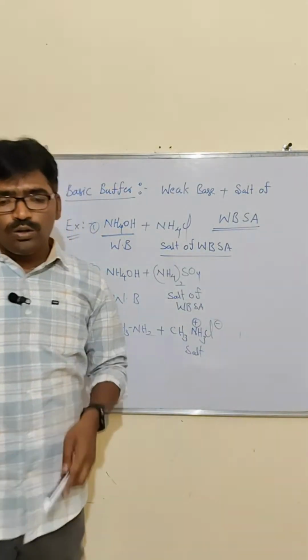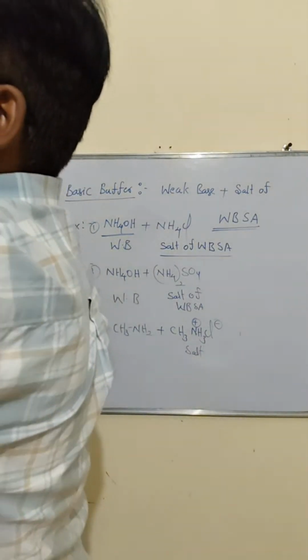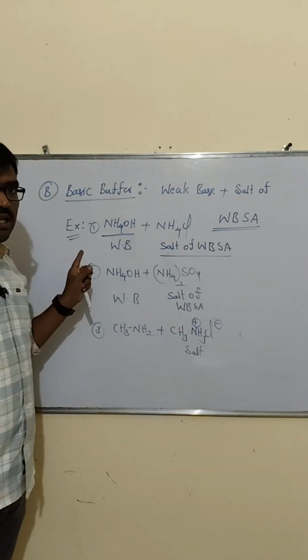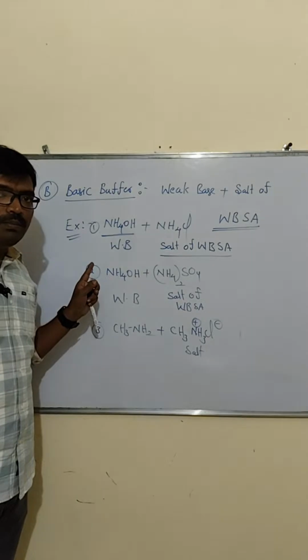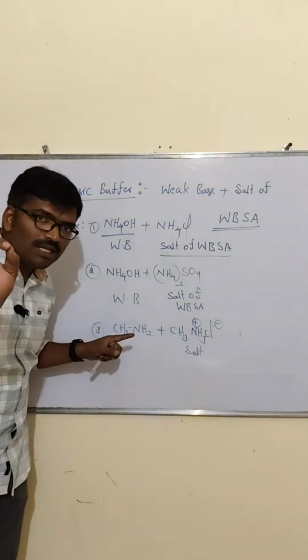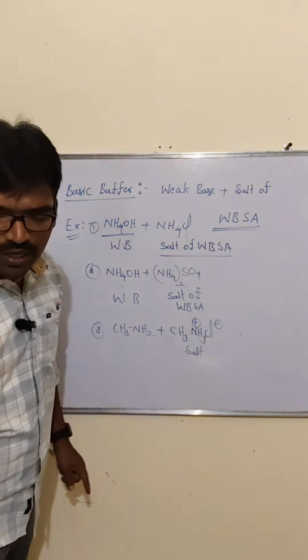So now we know what is acidic buffer and what is basic buffer, understand, right? Now we'll discuss some of the numerical problems given in the previous examination of EAPCET. Okay, clear?